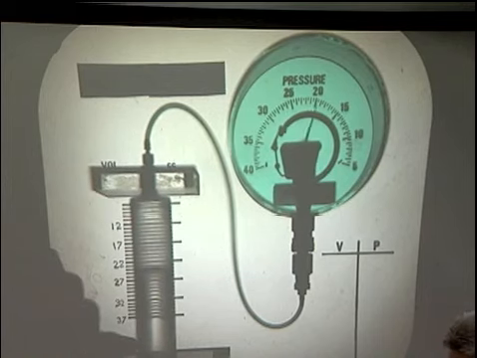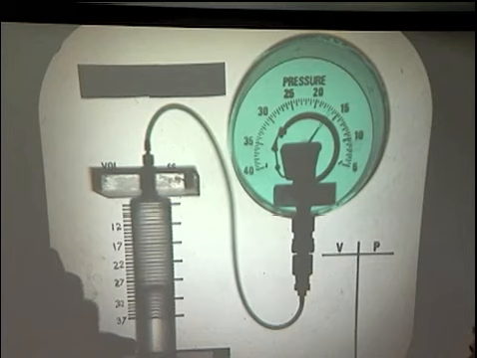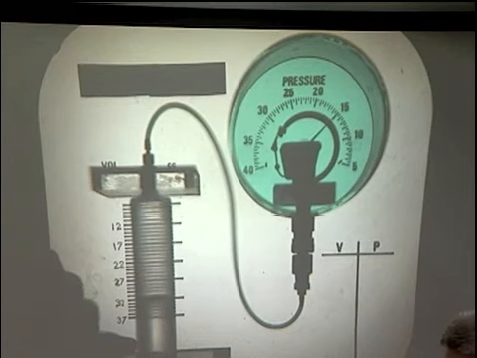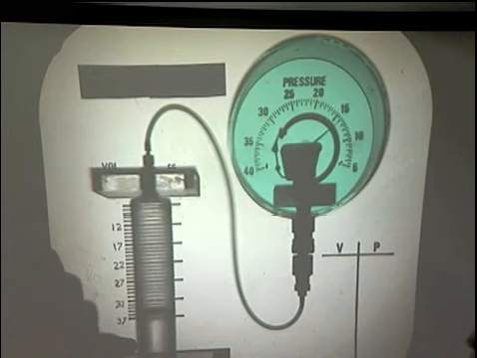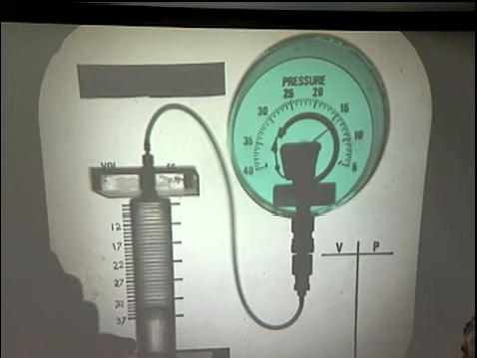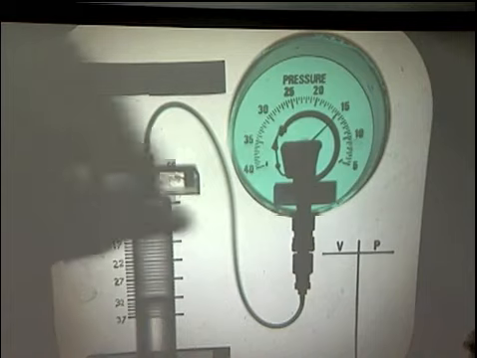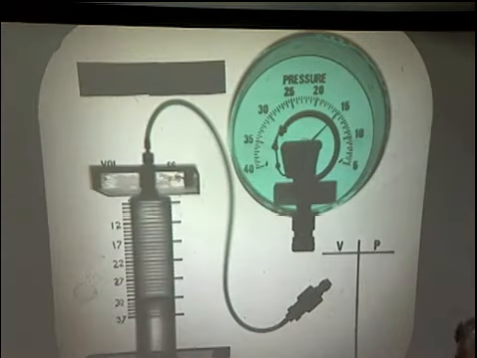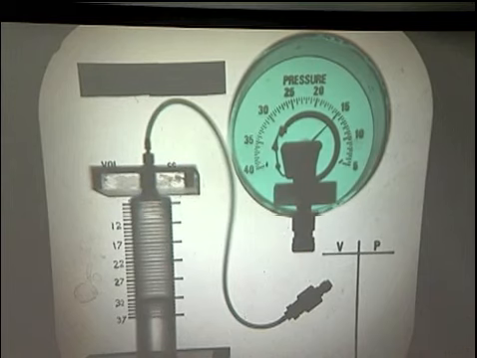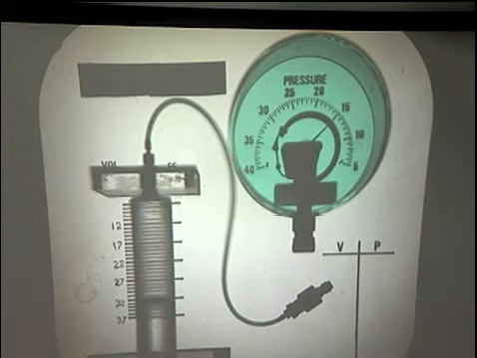Letting the volume increase, the pressure will again drop back down to atmospheric pressure, and then from there, if I increase the volume, the pressure will actually drop below what it was initially, down now to about 13 units, and back to 15 units, which would be the same pressure in the cylinder as we have in the atmosphere, and we notice that that's the case. This demonstrates the relationship between volume and pressure for an ideal gas.